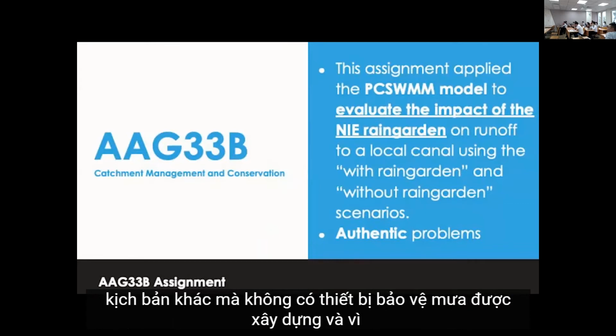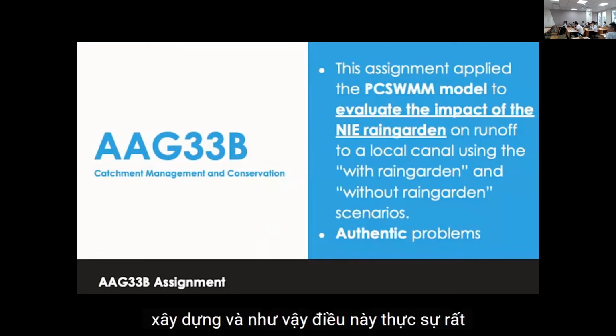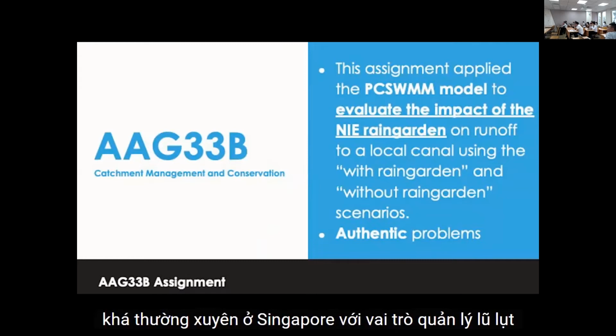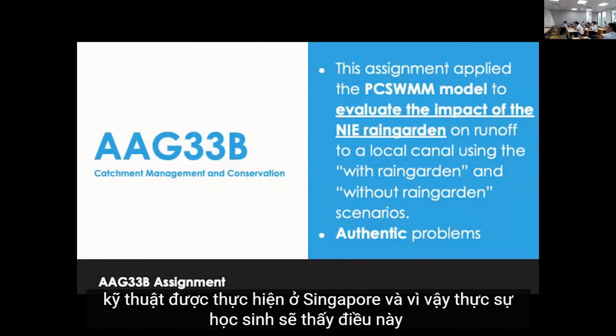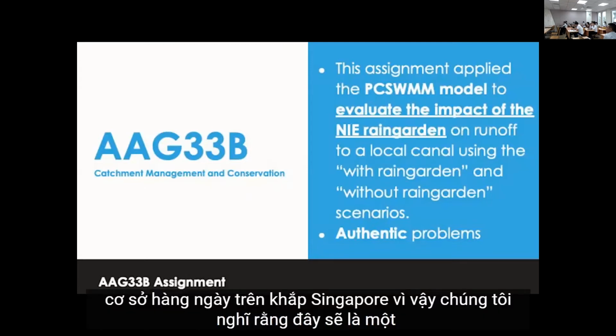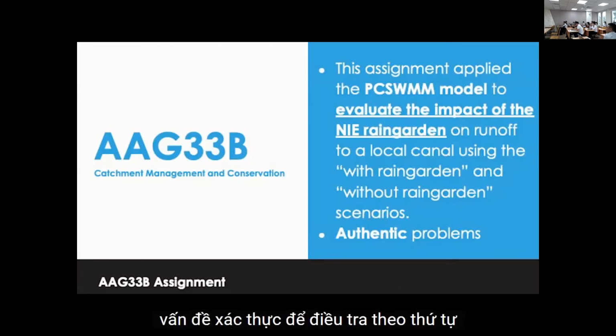And because of the construction and so on, this was a really very authentic problem. It was something that's going on quite regularly in Singapore as a flood management technique implemented in Singapore. And so really the students will see this type of flood management design on a day-to-day basis throughout Singapore. So we thought that this would be a good, authentic problem to investigate.